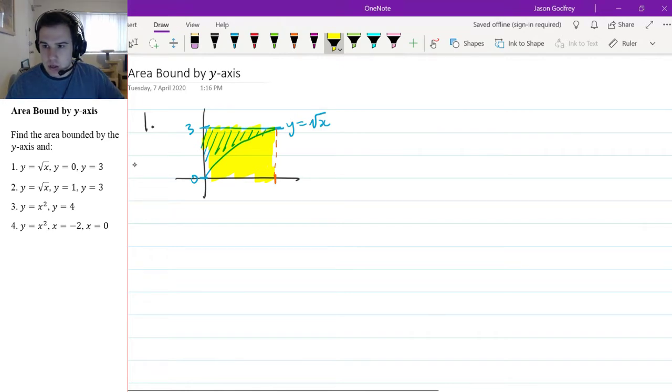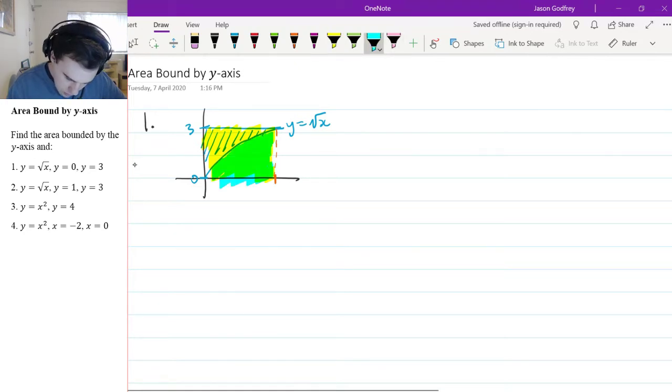Then, using what we learnt from the last concept, we could find this area here underneath the curve, bound by the x-axis, and then we could subtract that away from the rectangle and we'd be left with the yellow area. Okay, so here is one method.